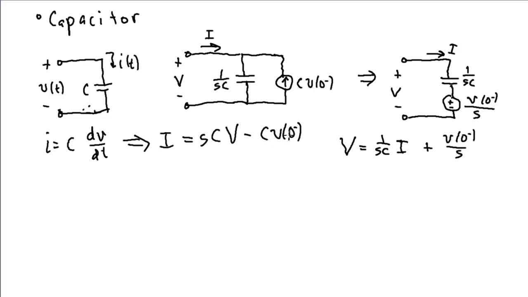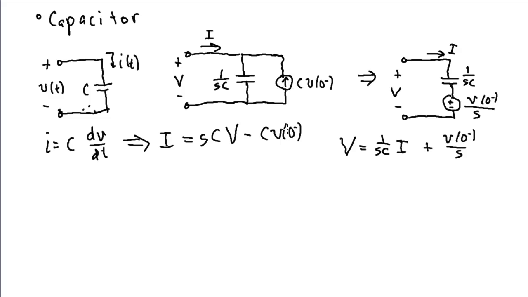So the most common mistake in transforming from the time domain into the S domain with these is taking into account the initial conditions, these initial condition sources, in particular getting the polarities and or current directions correct. A final thing I would note is that if the initial conditions are 0, so that for this capacitor V of 0 minus is 0, a current source with 0 current through it is an open.